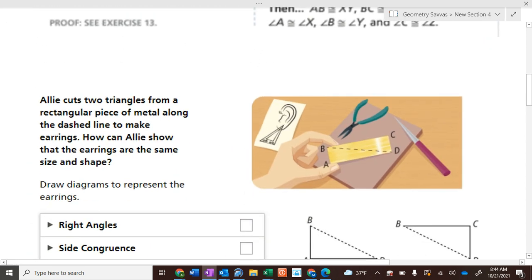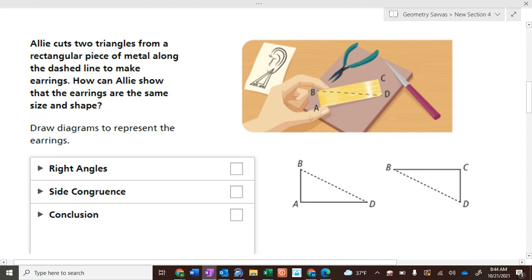Okay. So, Allie cuts two triangles from a rectangular piece of metal along a dashed line to make earrings. How can Allie show the earrings are the same size and same shape? Well, they're triangles, right? So if we can say that the triangles are congruent, then they're the same size and same shape. Now, what do we know about rectangles?